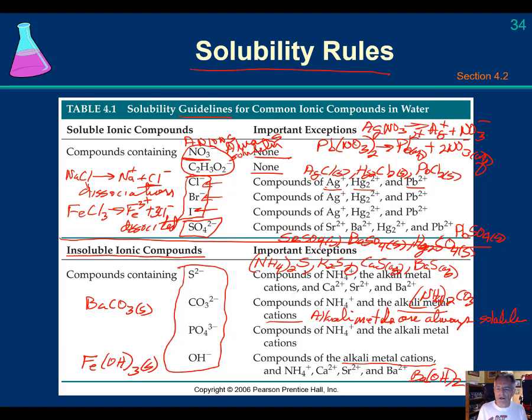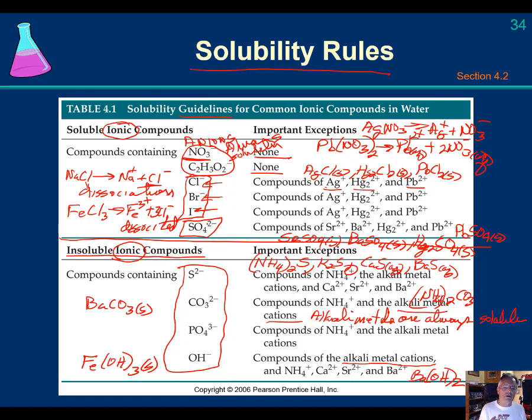This is one of your 8 strong bases. That can never be a driving force. All right? Remember that the solubility rules are for ionic compounds, not for molecular compounds. So this is only for ionic compounds.